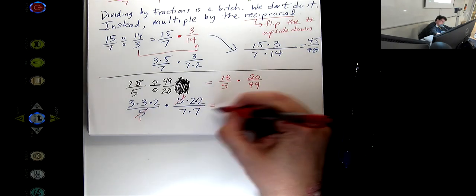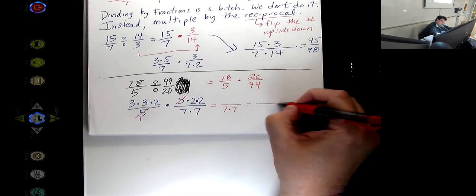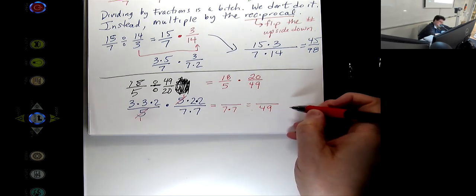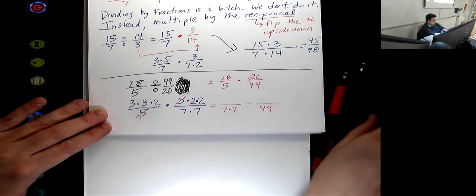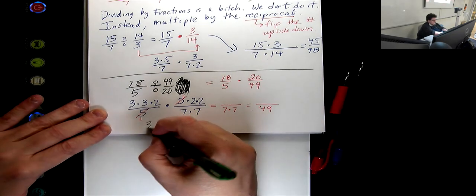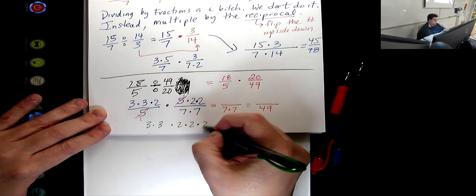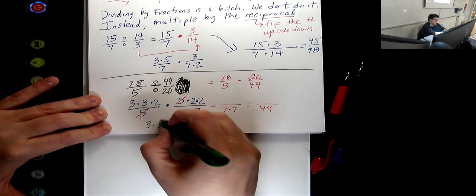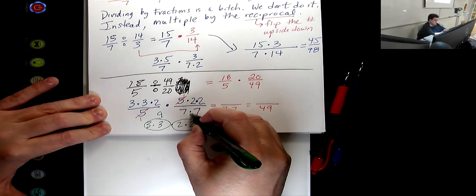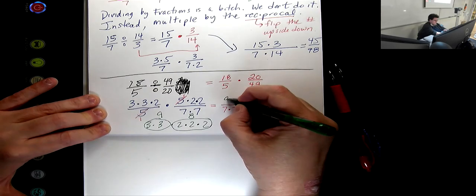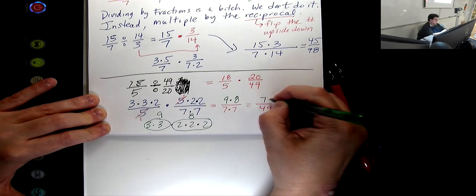So the bottom will just be the 7 times 7, which is 49. To make this go a little quicker than using a calculator, I have 3 times 3 times 2 times 2 times 2 on top. 3 times 3 is 9. 2 times 2 times 2 is 8. So I've got 9 times 8 on top. And I can do that without a calculator.